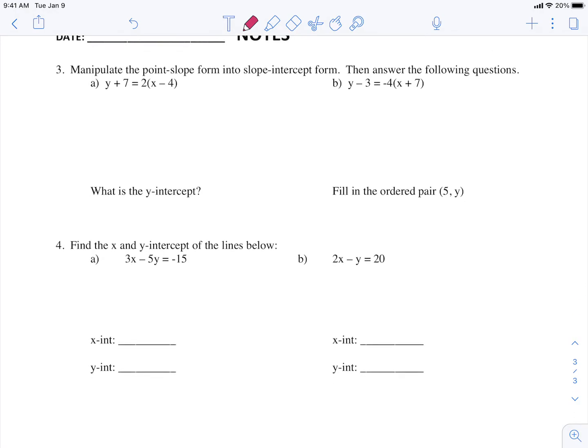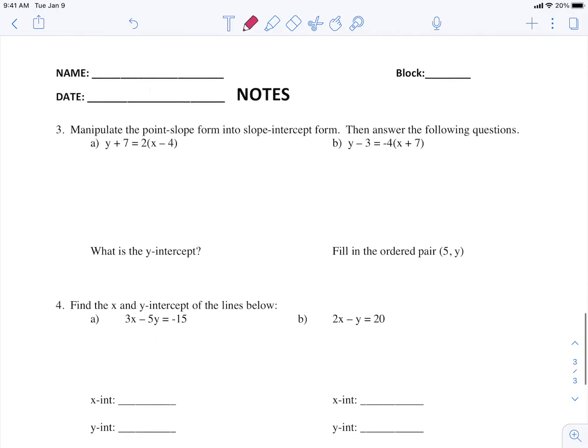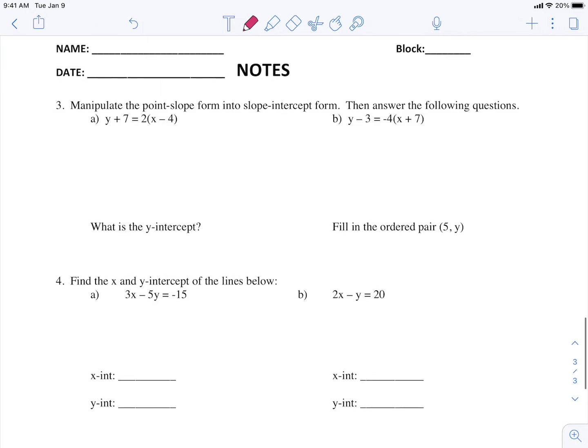Okay, so now this is the true power of point slope form: we can change it to slope intercept form pretty easily. The reason we want to do this is because sometimes it is easier to graph in slope intercept form. So let's do that. y plus 7 is equal to 2 times the quantity x minus 4.